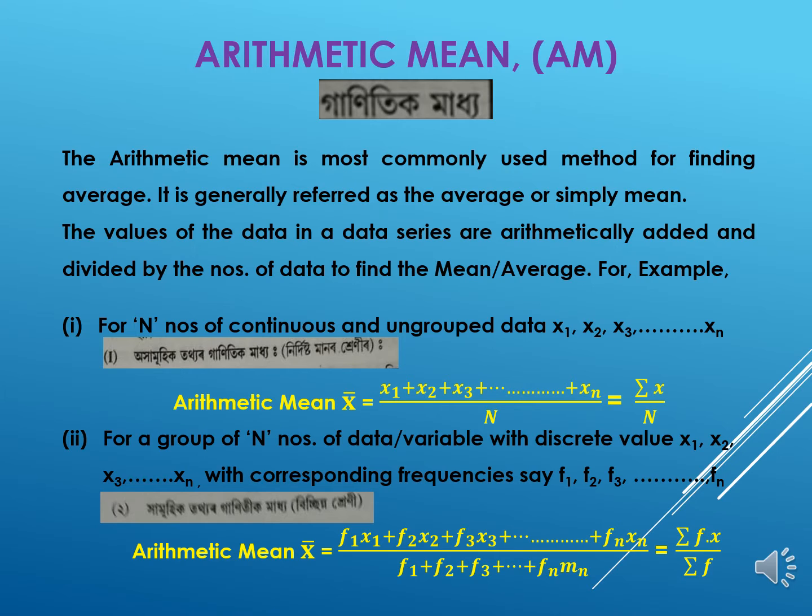2. For a group of n numbers of data variable with discrete value x1, x2, x3, xn with corresponding frequencies say f1, f2, f3, fn, the arithmetic mean will be f1 into x1 plus f2 into x2 plus f3 into x3 plus fn into xn divided by the summation of frequencies f1 plus f2 plus f3 plus fn.